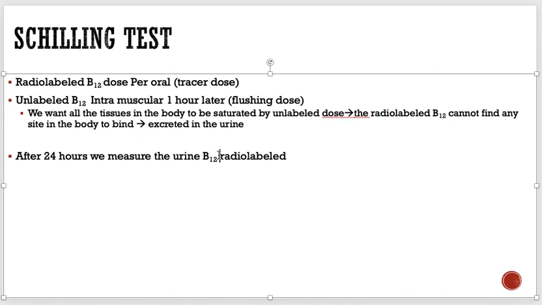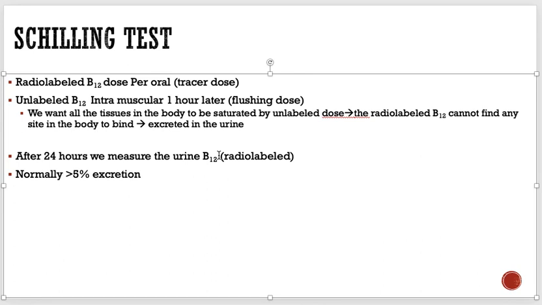Because it is radio labeled, we know how much of the tracer dose is present in the urine. Normally, in normal people, greater than 5% excretion is there.